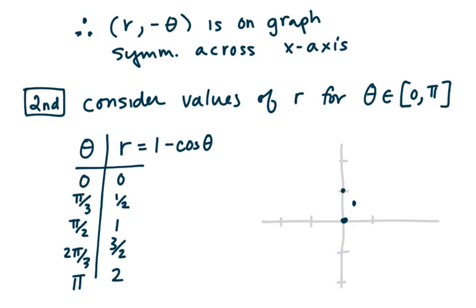At 2 pi over 3, we're at 1.5, or 3/2. So at 2 pi over 3, again, we're kind of up at a 60-degree angle, and we're at 1.5. All right, so I'm going to make my point for this, 1.5 up at about 60 degrees here. And the last one we have would be pi, and at pi we are at 2.